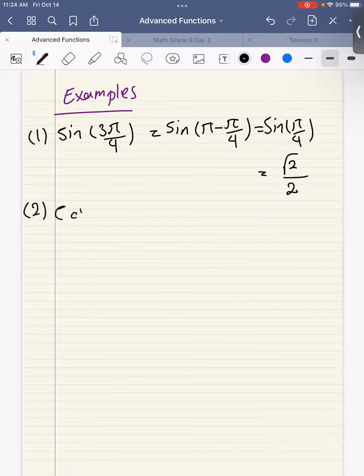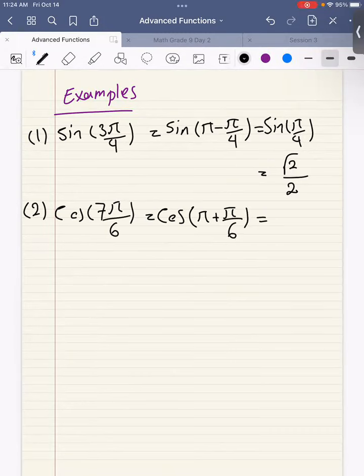How about cosine of 7 pi over 6? Can someone tell me? So first, what is 7 pi over 6? Pi plus pi over 6. It's pi plus pi over 6. Yes, that's right.